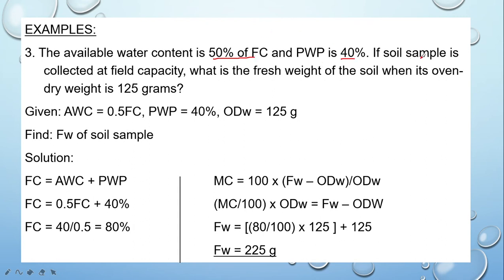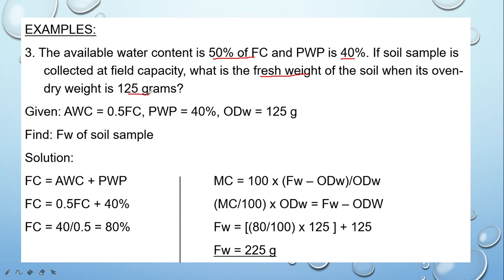If the soil sample is collected at field, collected at a moisture condition of field capacity, what is the fresh weight of the soil when its oven dry weight is 125 grams?